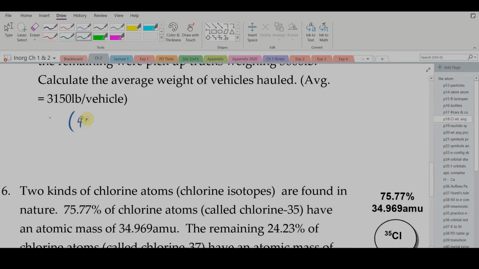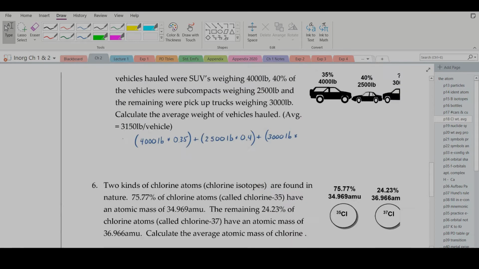This is 4,000 pounds with the SUVs, and they were 35% of the total. Then we had the subcompacts, they were 2,500 pounds, and they represented 40% of the vehicles hauled. And finally we had the pickup trucks, and they weighed 3,000 pounds, and that represented what percentage?